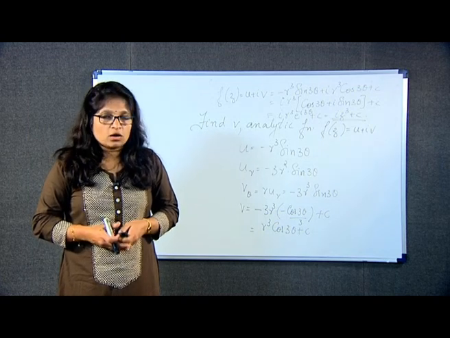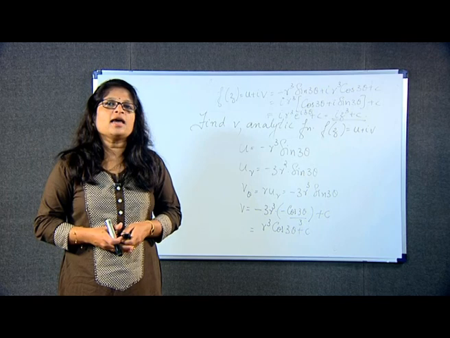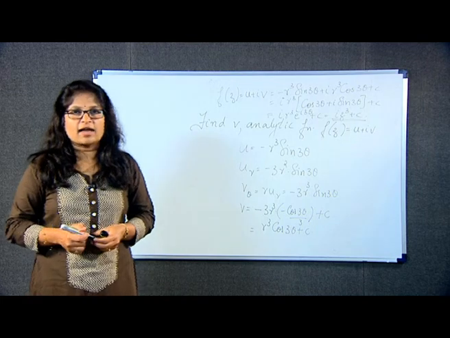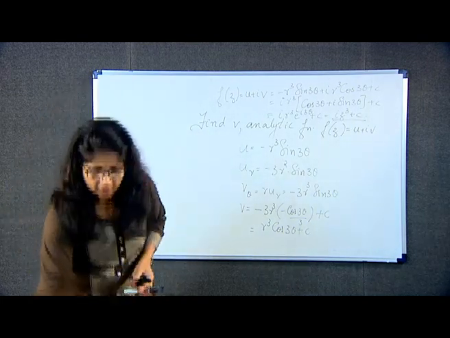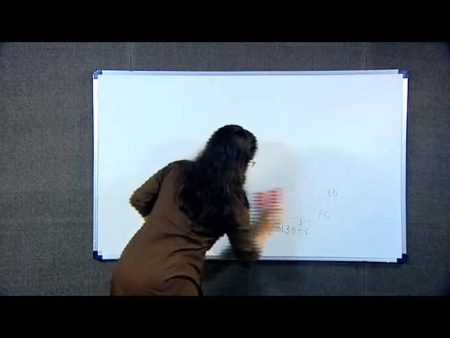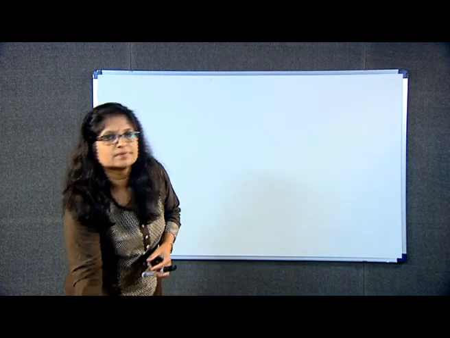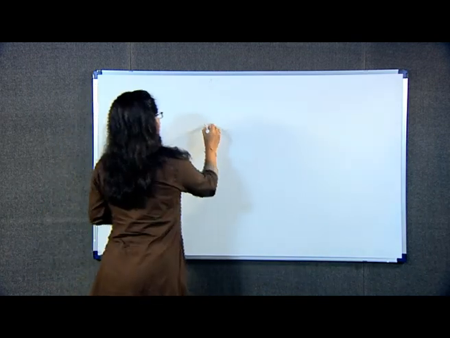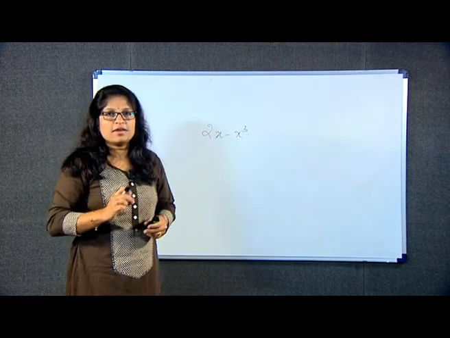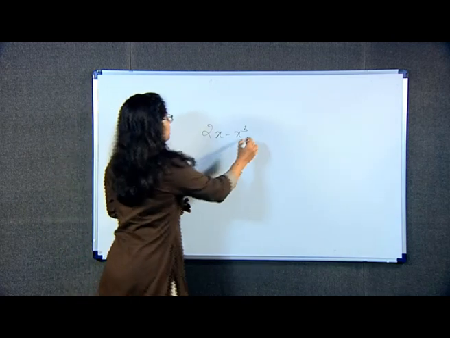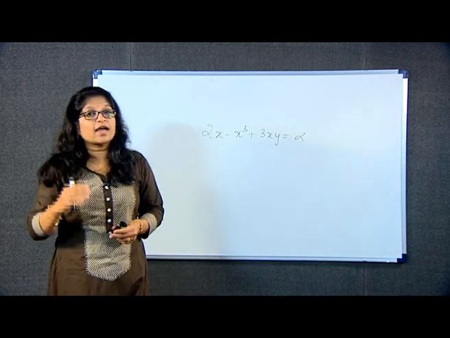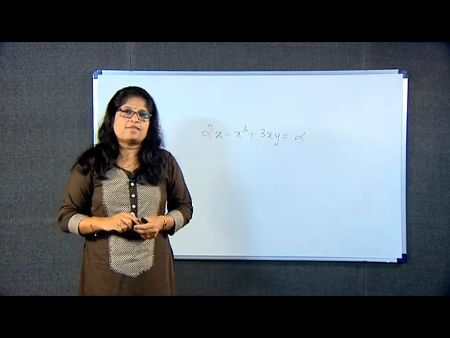Now, if we are asked to find the orthogonal trajectory of a family of curves, let us consider I am going to give you a family of curves 2x minus x cube plus 3xy is equal to some alpha, which is a constant, and I am asking you to find the orthogonal trajectory to this family of curves.